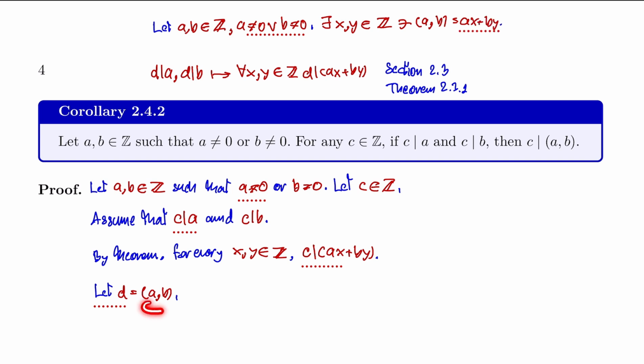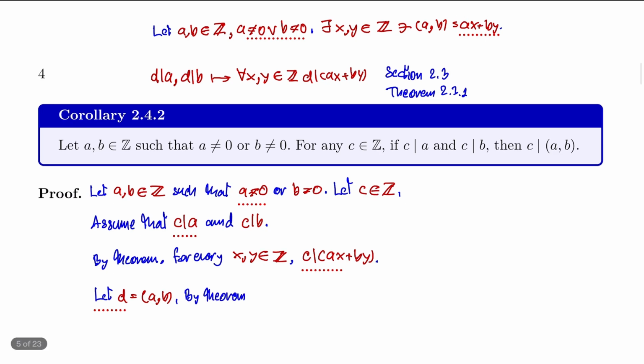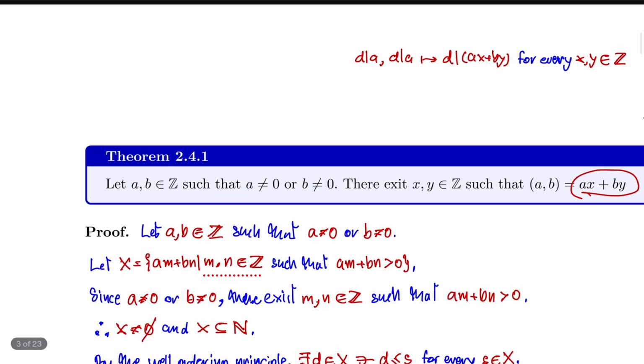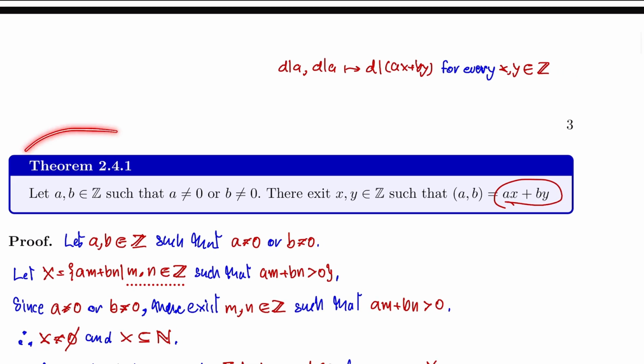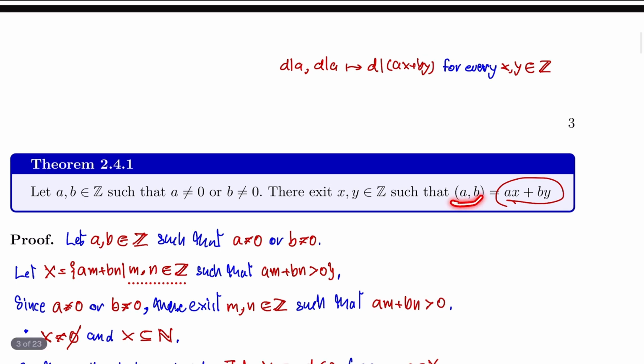So from this, by the previous theorem, theorem 2.4.1, the greatest common divisor of a and b becomes ax plus by for some integers x and y.